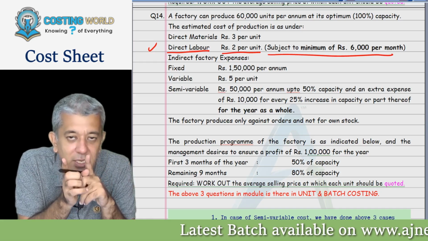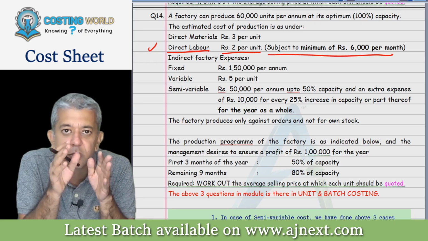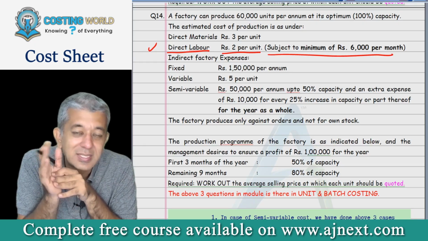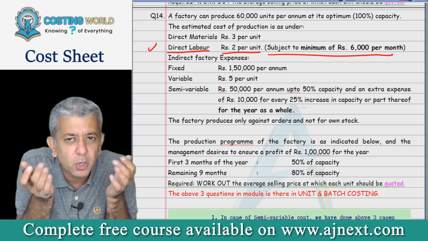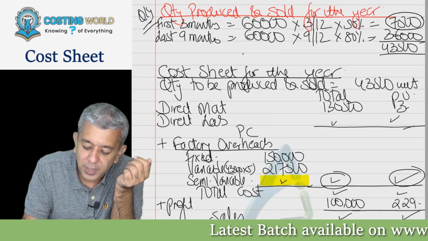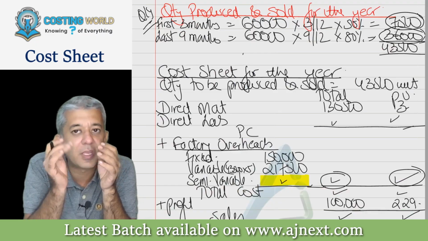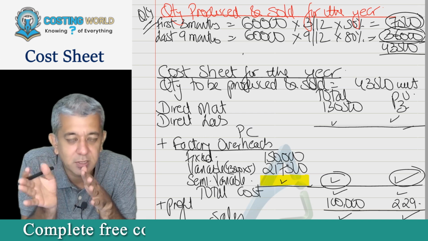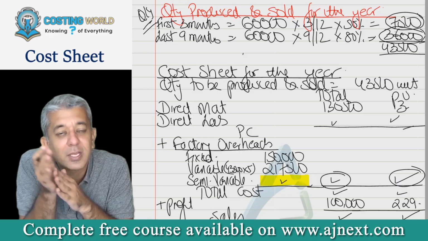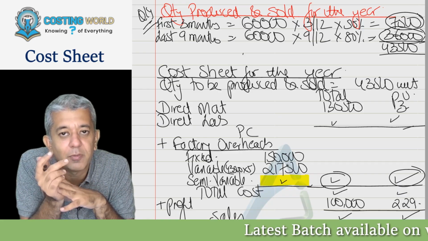That is not same as 72,000 per annum, because now you are going to be doing the calculations on month by month basis. First 3 months we are operating at 50%. Last 9 months we are operating at 80%. Whatever is applicable for the first month will also be applicable for the next 2 months. Whatever is applicable for the 4th month will also be applicable for the next 8 months.